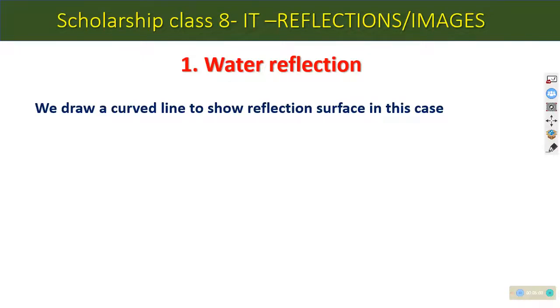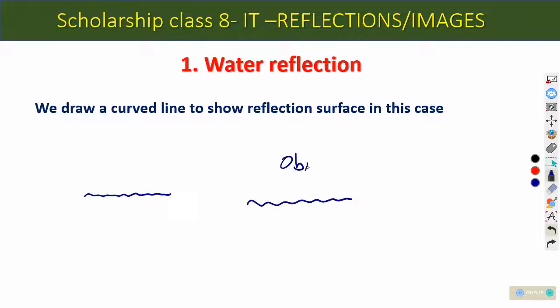As I showed you, we will always draw a curved line so that here is the reflecting surface. It can be a glass of water, it can be a big sea, or it can be a pond, lake. Wherever you are drawing reflection, the surface will be shown like this, and the object will be kept here, and the reflected image will be here.